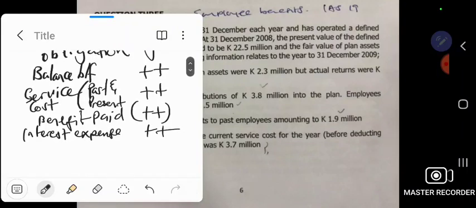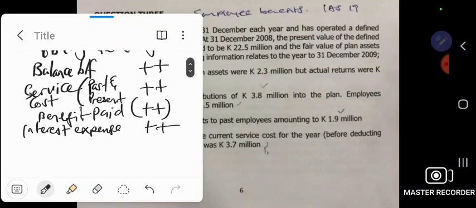Apart from that, you have one more. So you have the service cost, the benefits paid, and the interest expense. I think ideally this is all for this one. I think that's all you will need.